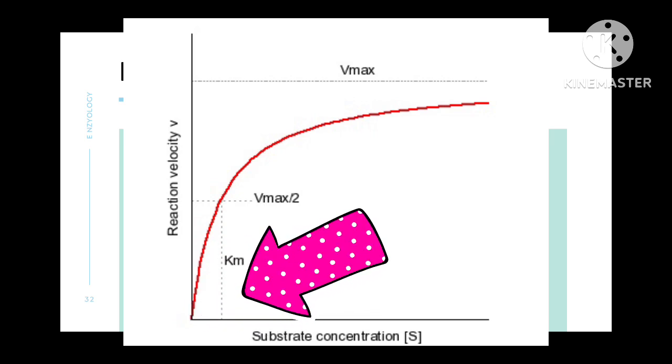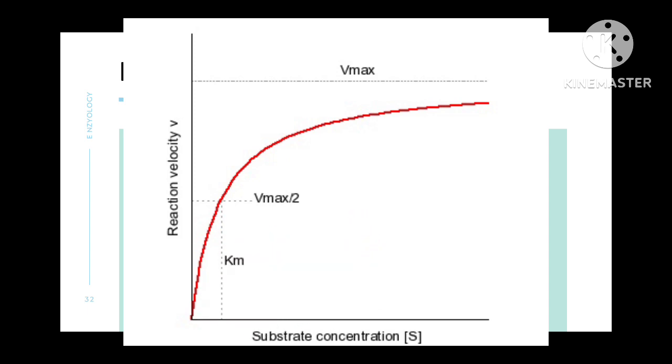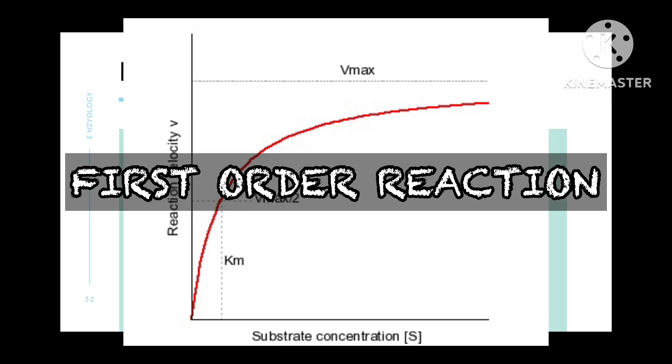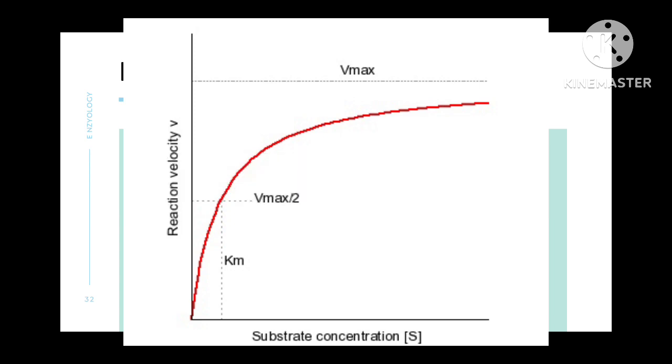With the amount of enzyme exceeding the amount of substrate, the reaction rate steadily increases as more substrate is added. This type of reaction, class, follows first-order kinetics because the reaction rate is directly proportional to the substrate concentration.